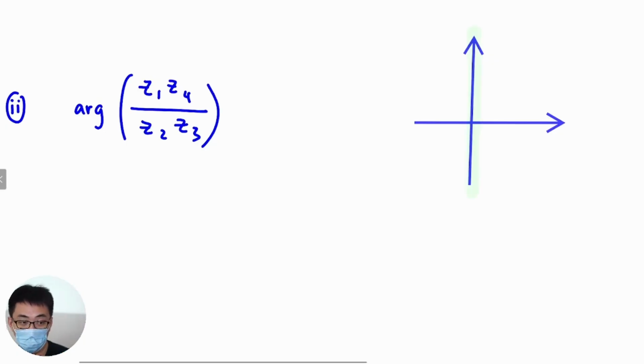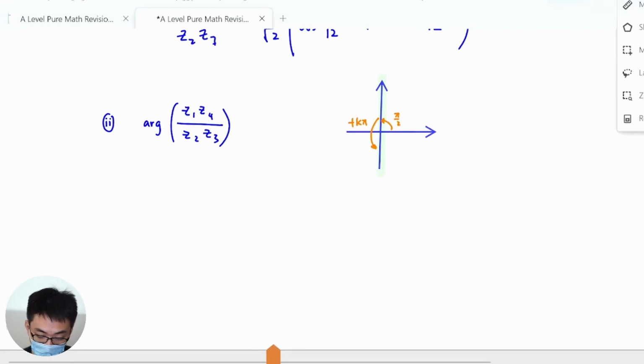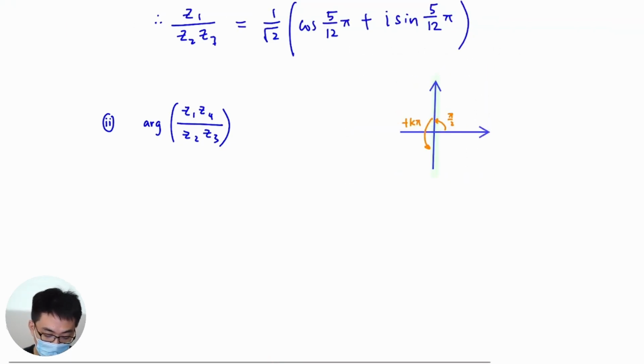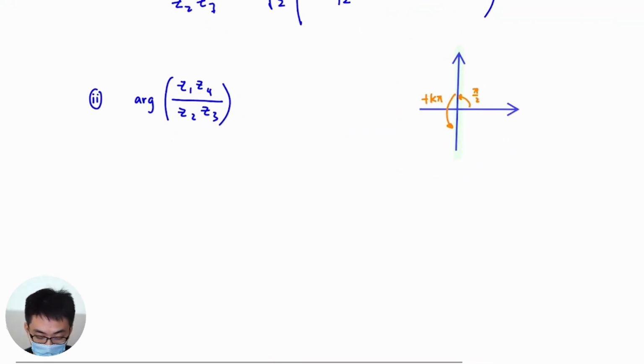Anything here which is purely imaginary, so you need it to be like this is pi over 2, then you just keep adding k pi. You keep adding 180 degrees. So that's how you think about it. Okay. Shouldn't take too long in exam for this question, I think.